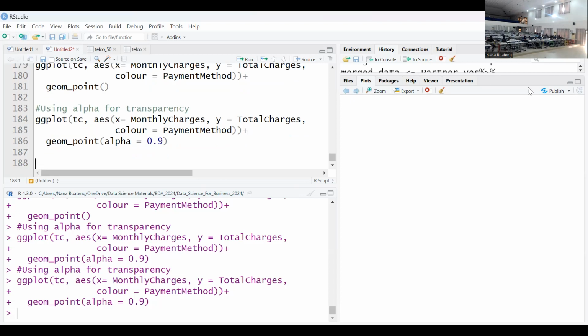The nearer it is to 1, the more opaque it is. So if you have points of, let's say 0.8, 0.9, it's very opaque. But if you reduce it to, let's say 0.1, it becomes very transparent. So depending on what you do, the alpha. Is that okay?